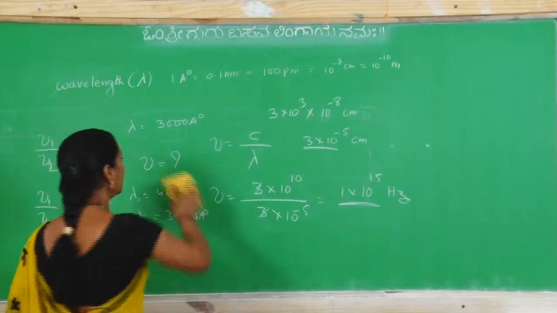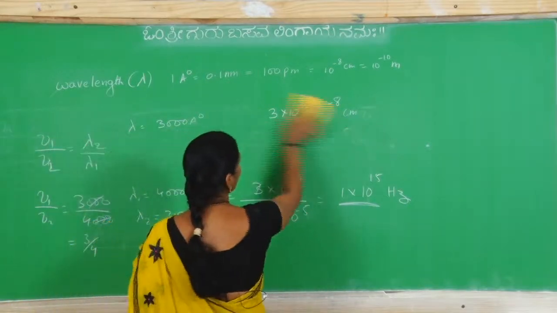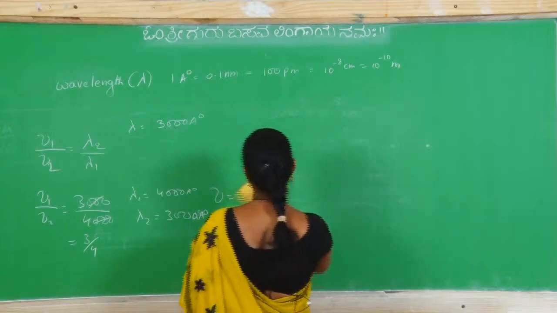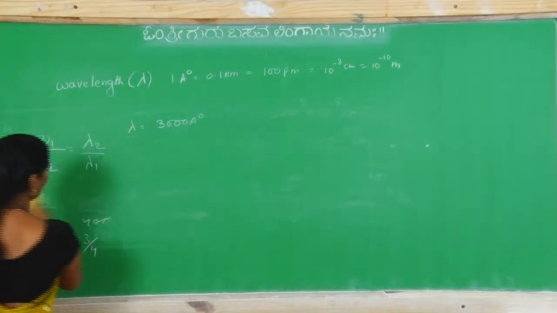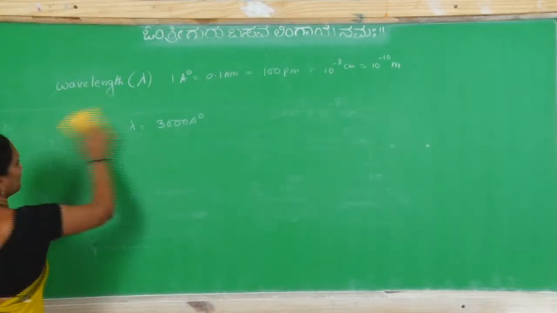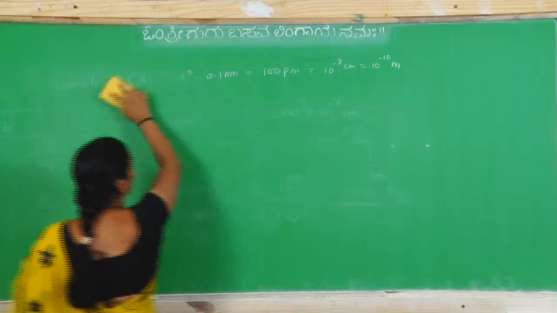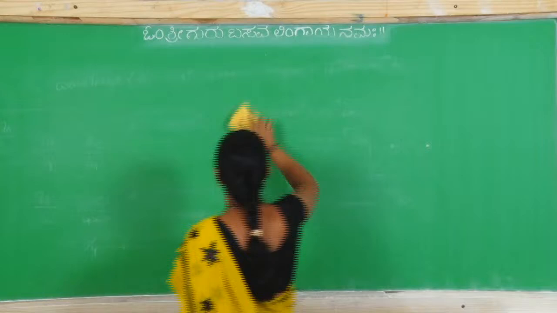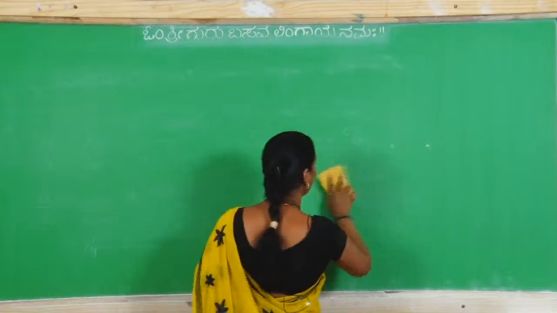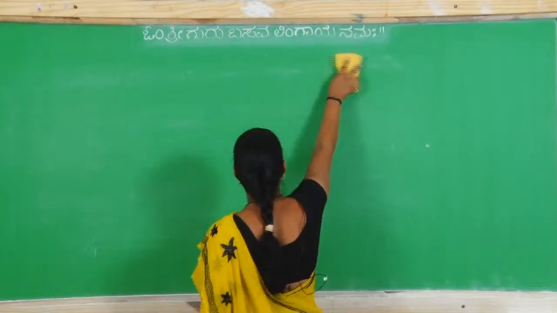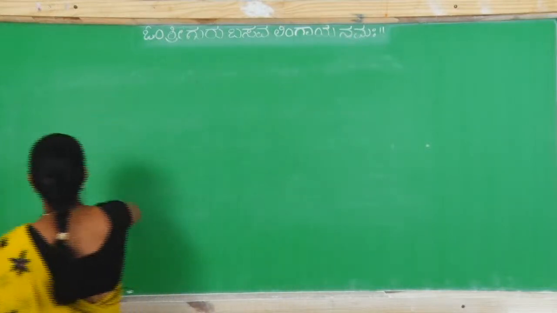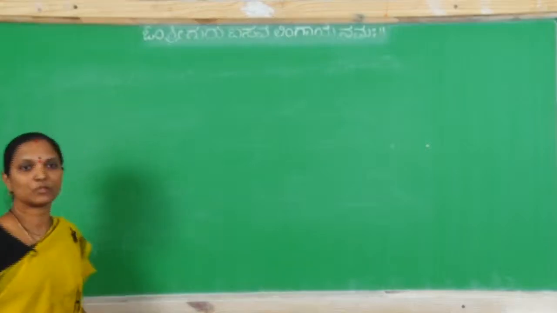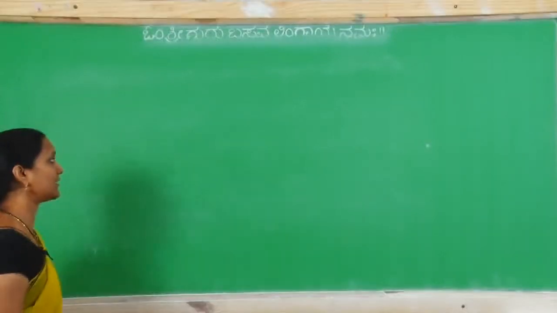Okay. So, now Maxwell electromagnetic waves, electromagnetic spectrum. So what is this electromagnetic spectrum? What are these electromagnetic waves?